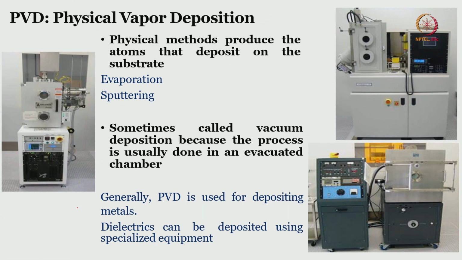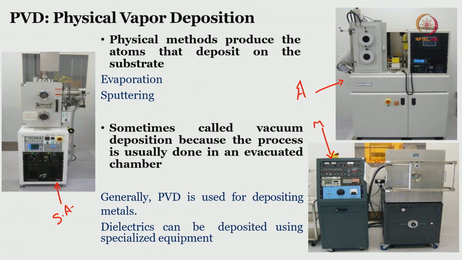This system is manually operated, this one is automatic, and this one is semi-automatic. So, either it can be manual, automatic, or semi-automatic. This is thermal evaporation and e-beam evaporation.